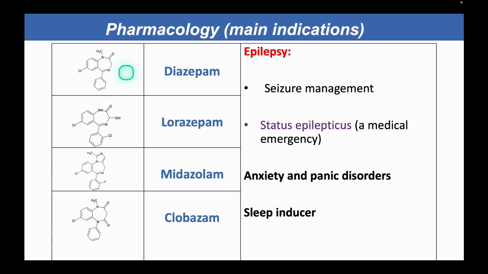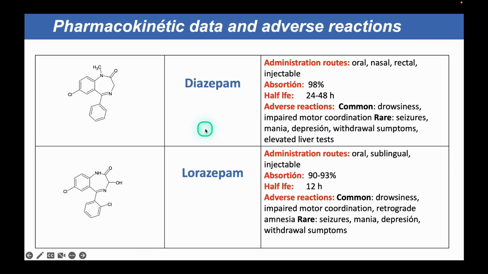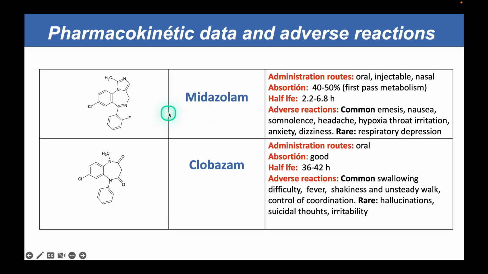Additionally, benzodiazepines are used in the treatment of conditions associated with anxiety and panic, as well as sleep inducers. Diazepam and lorazepam are administered through various routes in addition to oral. They have good oral absorption. Their common adverse reactions are shown here, and they have some rare ones that require medical monitoring.